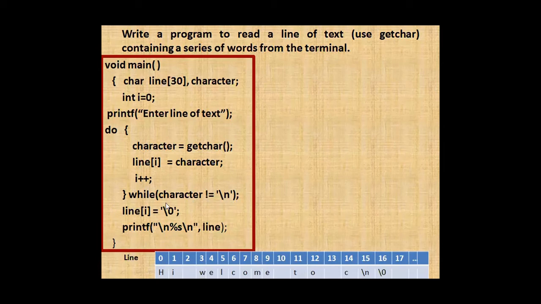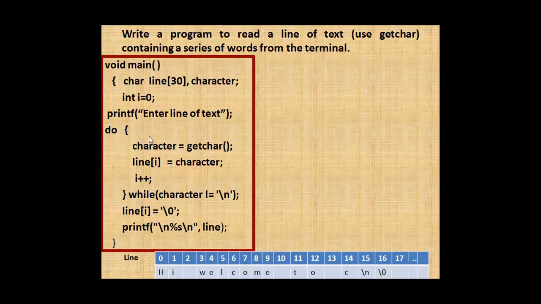Yes, it is not equal, so because it's a do while, it repeats. Again character equals getchar; this time it gets the character i and puts it in line of 1, then increments i. Is the character equal to new line? No.